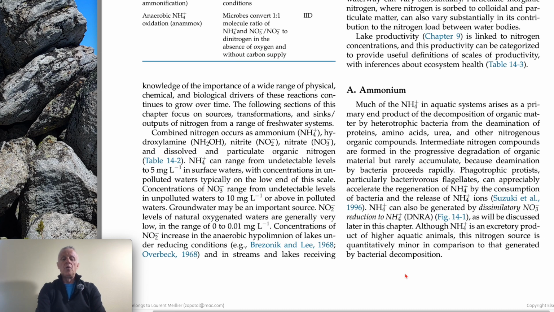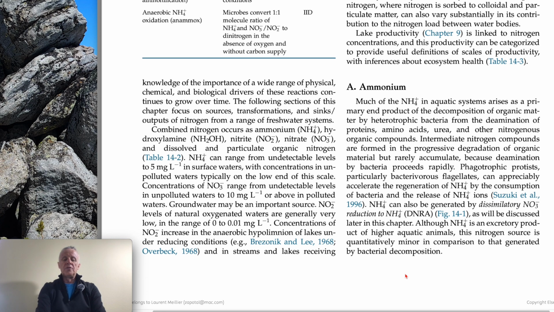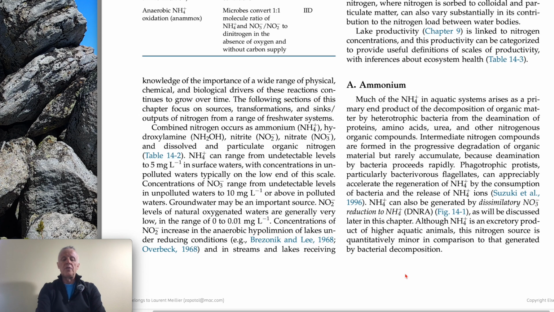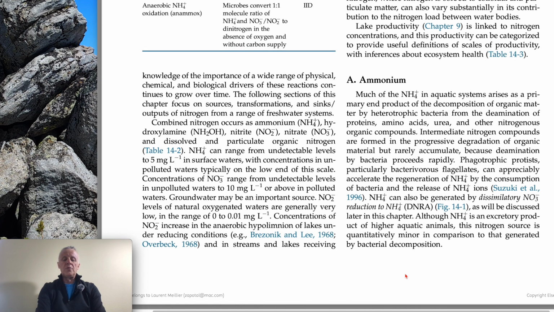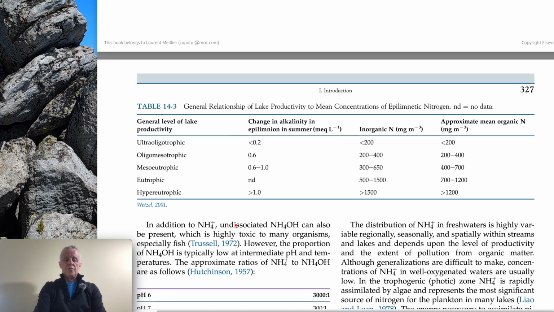Although ammonium is an excretory product of higher aquatic animals, this nitrogen source is quantitatively minor in comparison to that generated by bacterial decomposition. In addition to ammonium, undissociated ammonium hydroxide can also be present, which is highly toxic to many organisms, especially fish.